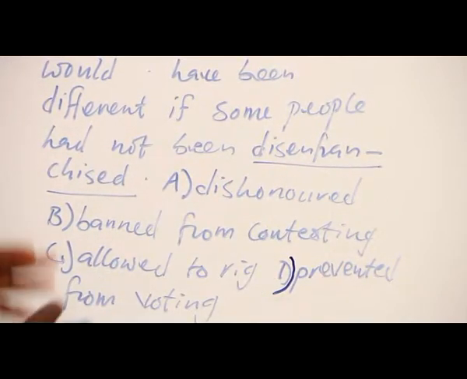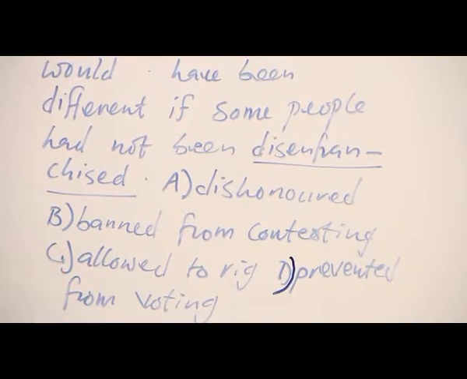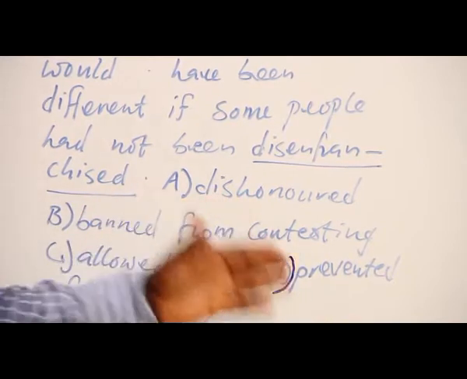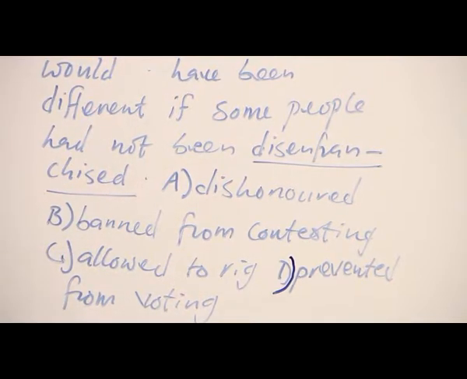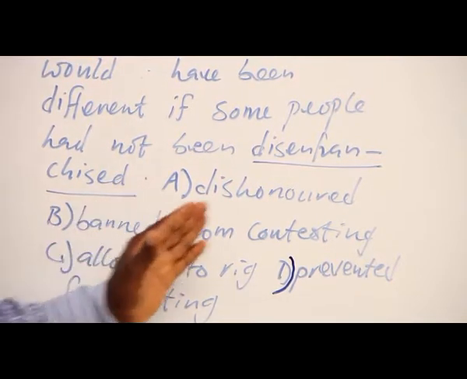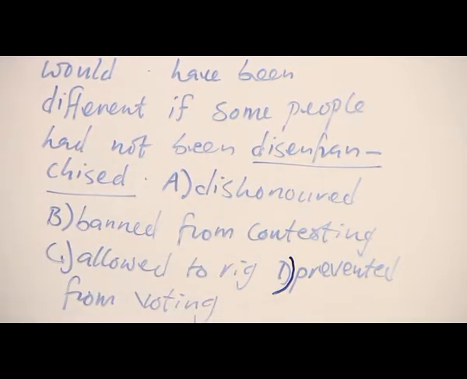Remember that as you eliminate those words, your work becomes easier. So we can remove A. Now what are the other options? We have banned from contesting, allowed to read, and then D, prevented from voting.